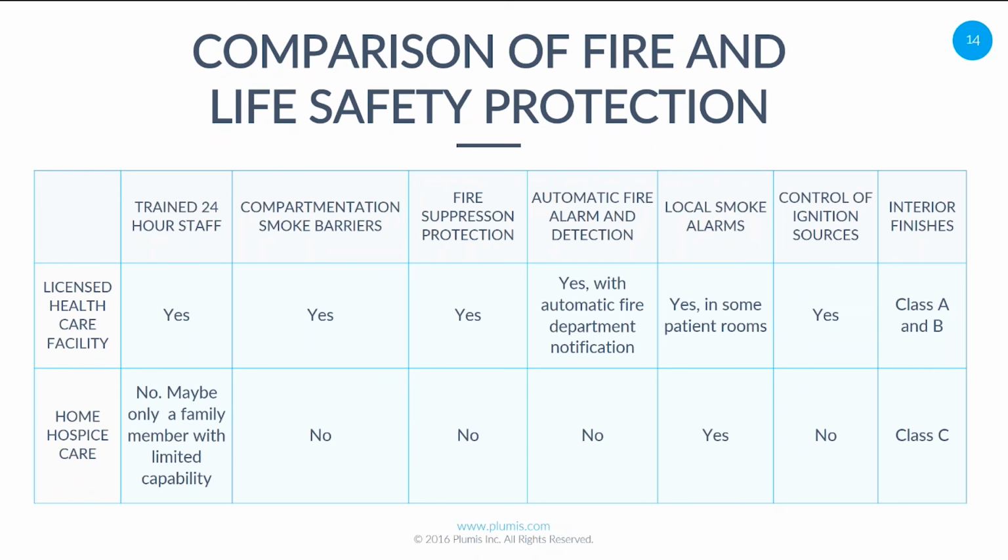We go to the 1 and 2 family dwelling environment, no. And maybe, as I referenced earlier, maybe only a family member that has limited capability. Smoke barriers, that passive fire protection concept, they exist in licensed healthcare facilities. They don't exist in the 1 and 2 family dwelling environment.